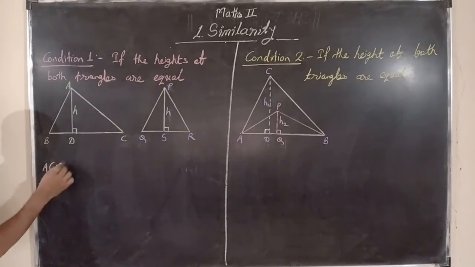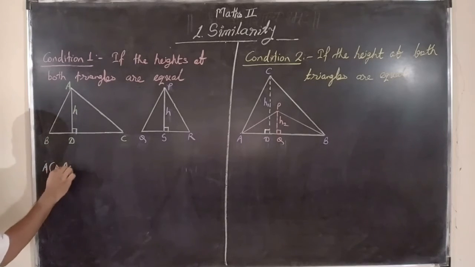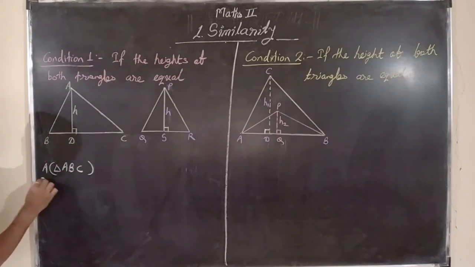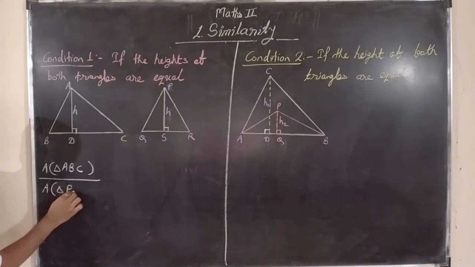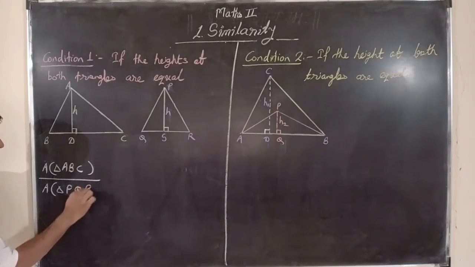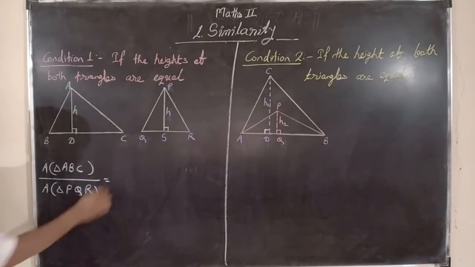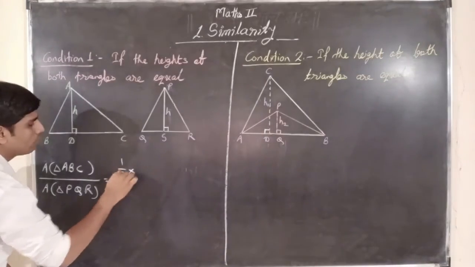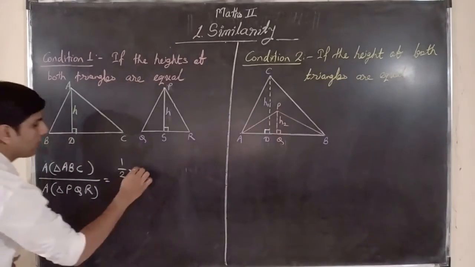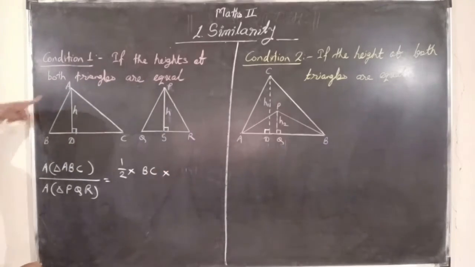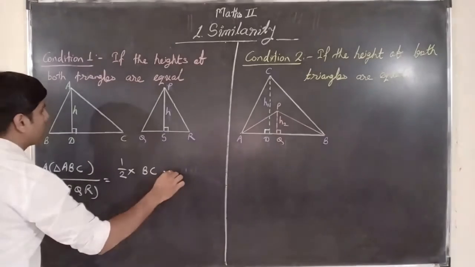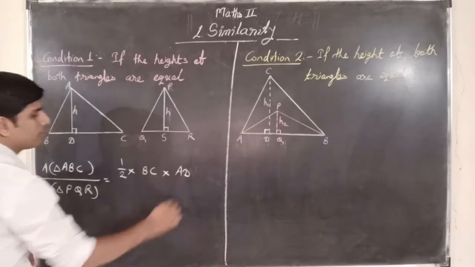Area of the first triangle, that is ABC, upon area of another triangle, that is triangle PQR, is equal to 1 by 2 into the base of the first triangle, that is BC, into the height of the first triangle, that is AD.